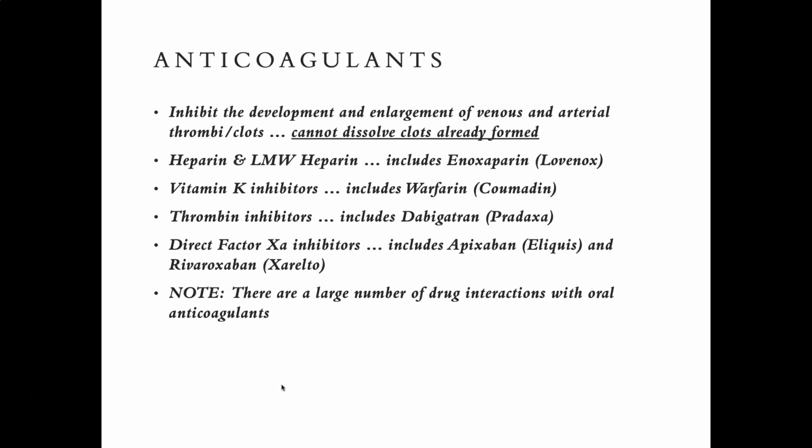And if their vitamin K level is low enough, you actually give them vitamin K and a vitamin K infusion to bring their level up so that they will clot better for surgery. So going back, anticoagulants include heparin and low molecular weight heparin, vitamin K inhibitors, thrombin inhibitors, direct factor Xa inhibitors.